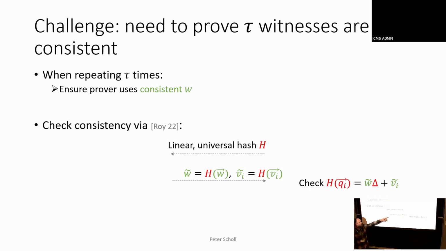And then you hash all of the VOLE vectors in each of the tau repetitions down to a single smaller vector and send these over to the verifier, who will check that the hashed linear relation also applies on the Q outputs that it receives. And at a high level, this makes sure that this W vector that Alice is supposed to use in each of the tau iterations is consistently the same one across the tau different VOLEs.